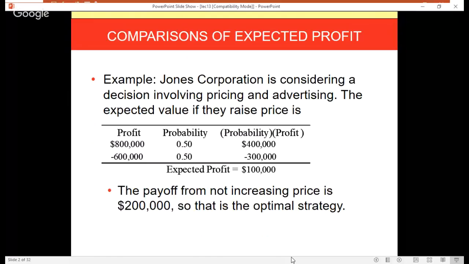In other words, don't do it and just take the 200,000 instead of, right, an expected profit of 100,000. Even though it's possible that if I do this, I make 800,000. Right? But the expected profit is only 100,000 because it's also possible that I'll lose 600,000.